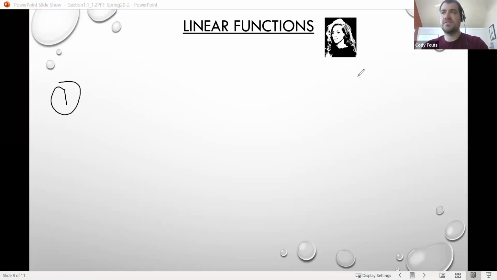So for the first question, we were asked to find the rate of change or the slope. And hopefully you remember from your mathematical past that our formula for slope is m, which stands for slope, equals y2 minus y1 over x2 minus x1. Even though we're not using x's and y's here, we can use that formula.